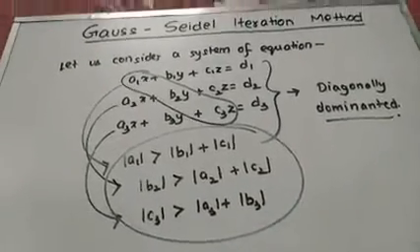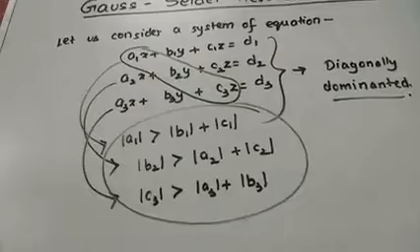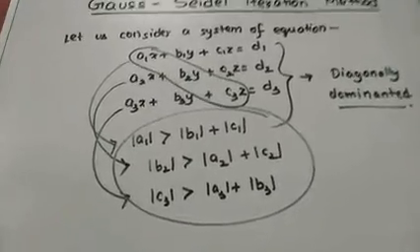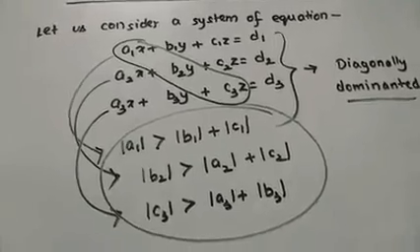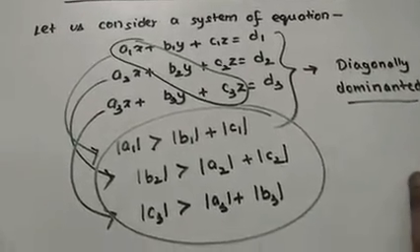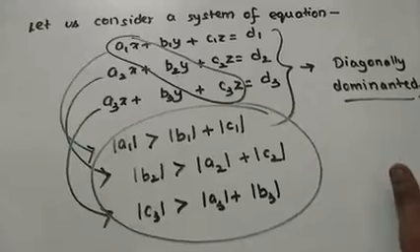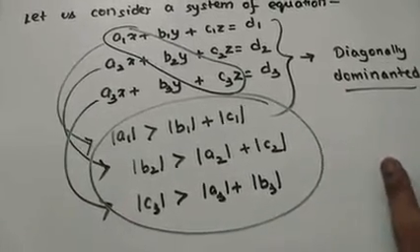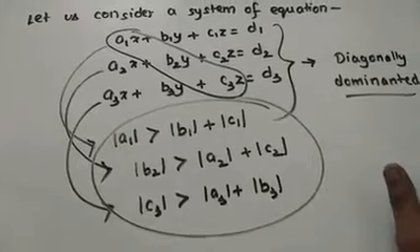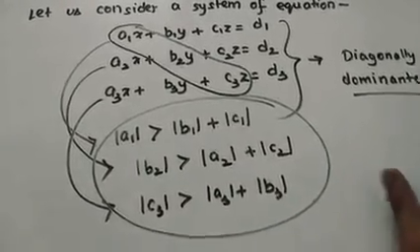If this condition is satisfied, then we say that the system of equations is diagonally dominant, and if this condition is not satisfied, then we have to make the given system diagonally dominant. We know how to do that, just by reshuffling and rearranging the equations. It's very easy.